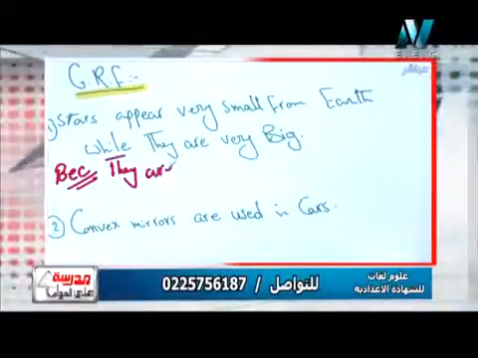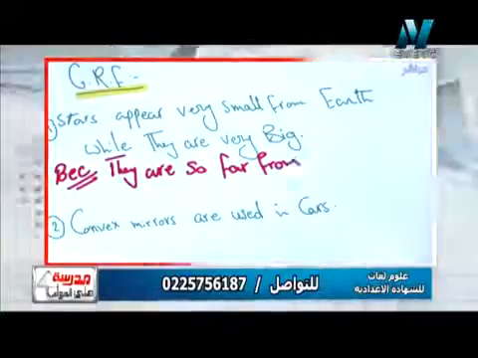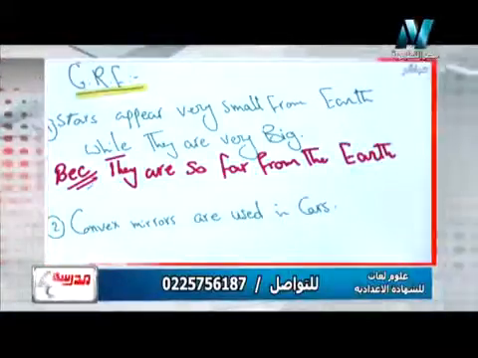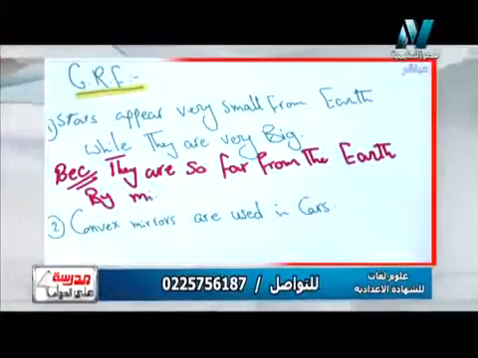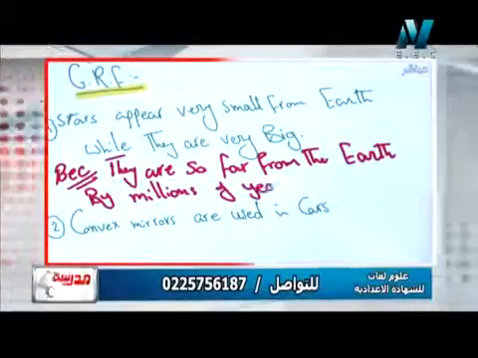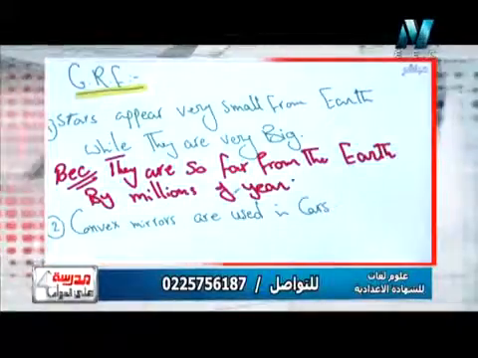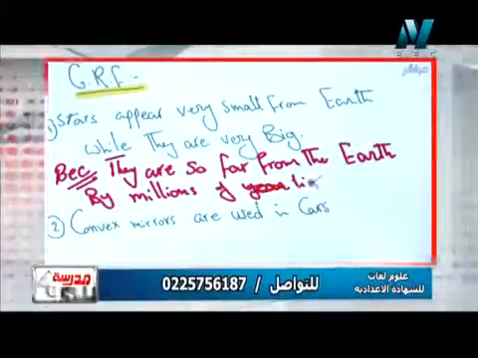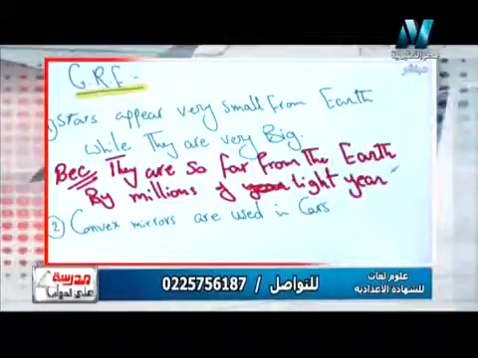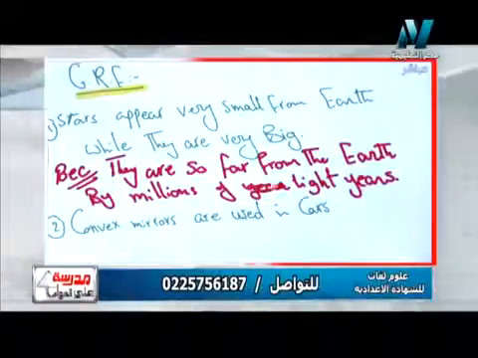are so far from the earth by millions of light years، بالسنين الضوئية زي ما بيسموها light years. يعني million light years from the earth as distance or يعني ان هم بعيد جدا from the earth.